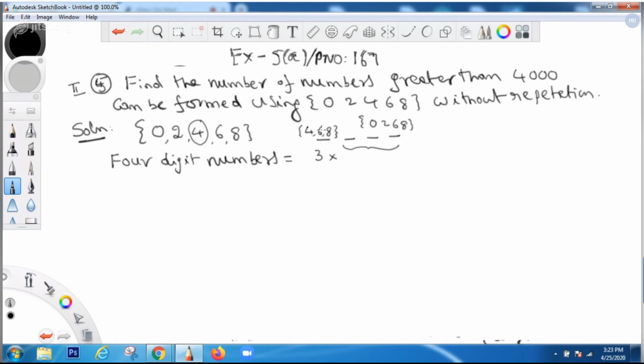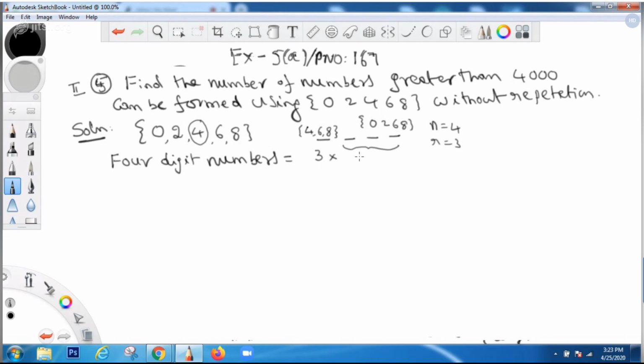Suppose 6 is used, then 4 will come here. Suppose 8 is used, then 6 will come to this place. So there are three places and available digits are 4.